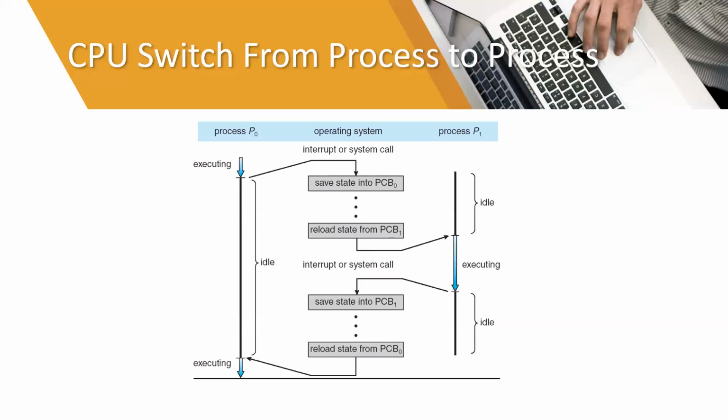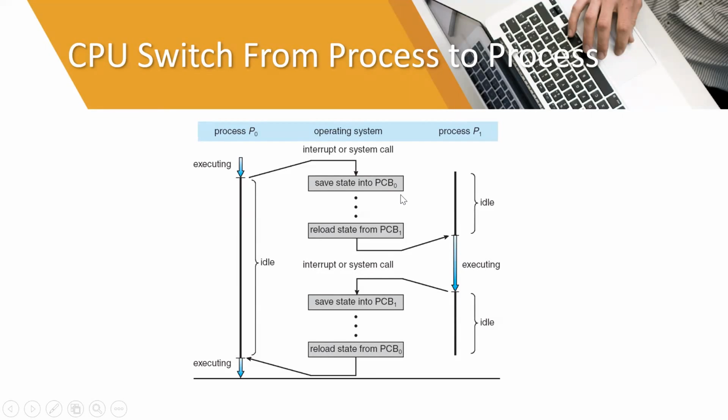And the final step is, similarly, if you want to execute process P0 again, then you have to follow the same steps: save into PCB1 if there is an interrupt or system call.